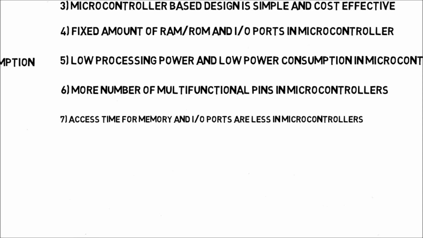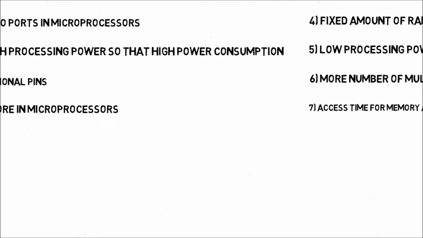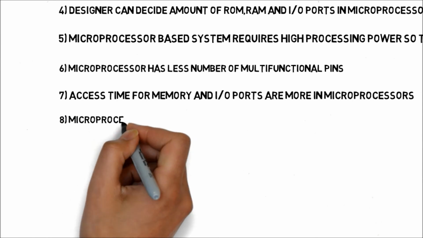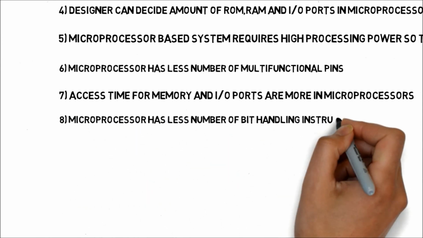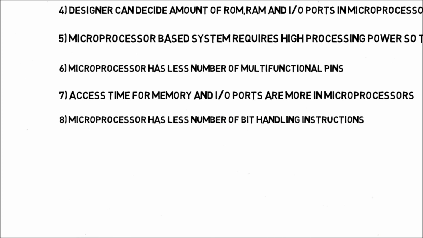Now, looking at point number 8, microprocessor has fewer bit handling instructions. Majority of the instructions are microprocessor or controller size instructions. That is, if it's an 8-bit controller or processor, it has instructions of 8-bit size.